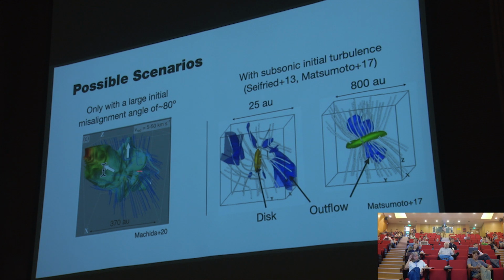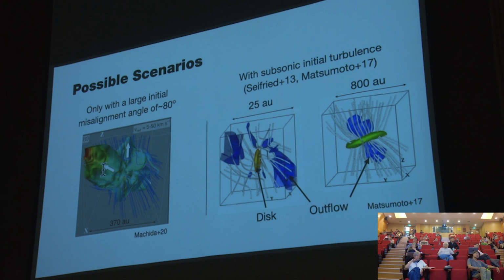This is a picture I took from Anglada 2020. This simulation calculates disk formation with initial conditions where the rotational axis of the dense core is misaligned with the magnetic field by about 80 degrees. Then they indeed observe time variation in disk orientation, and they also found two misaligned molecular outflows in a snapshot.